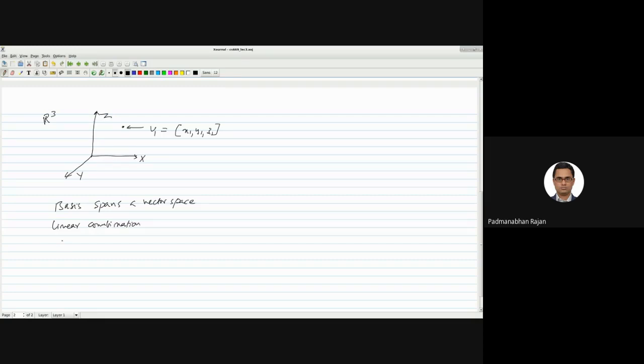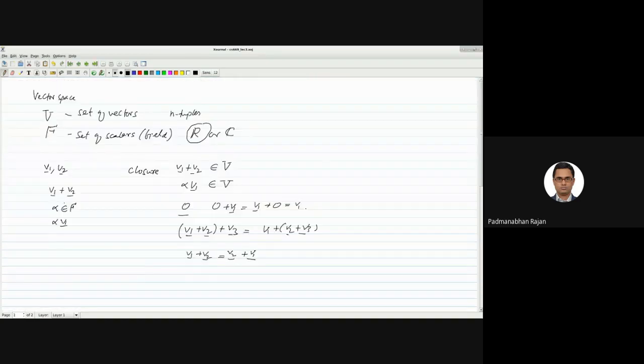So if you have two vectors, v1 and v2, we can take alpha 1 v1 plus alpha 2 v2, where alpha 1 and alpha 2 come from F, the field which I showed before.